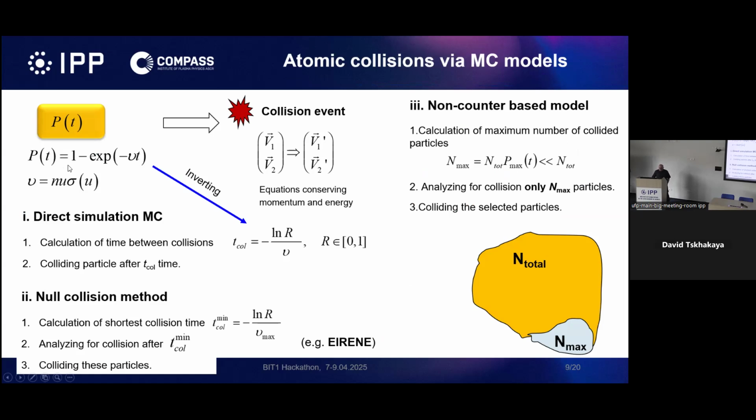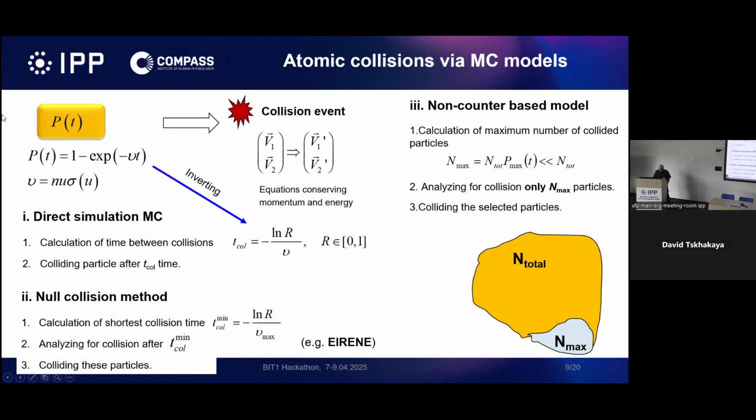You have this probability when the collision frequency is defined as given here: density of target particles, relative velocity, and the collision cross-section, which depends on the velocity. If you decide to have a collision, it comes to just updating the velocities from before to after the collision. And if it's an elastic collision, you can have many channels of the transitions.